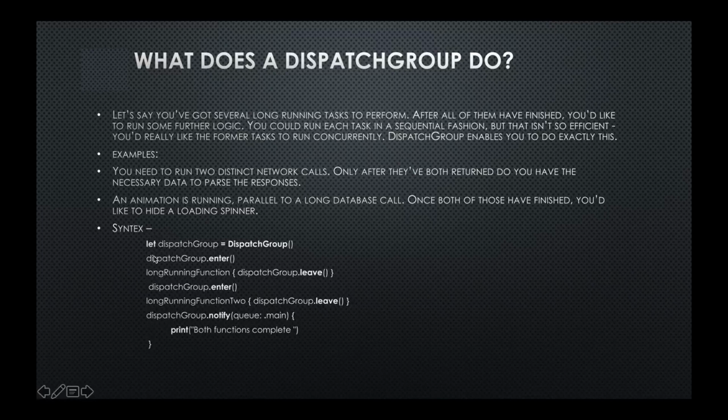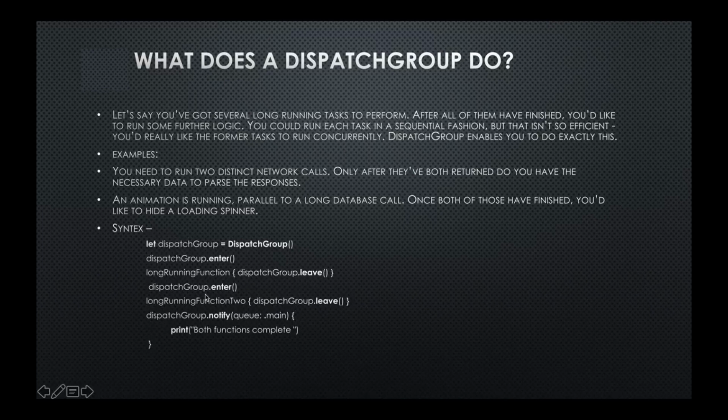Using dispatch group. You initialize the dispatch group: let dispatchGroup = DispatchGroup(), and then you enter into this dispatch group. dispatchGroup.enter is the function, and then you perform your long running function. Inside the function, after writing all your operations, you write dispatchGroup.leave.